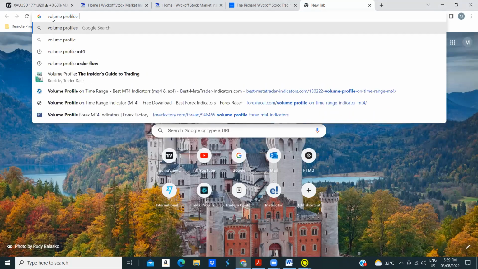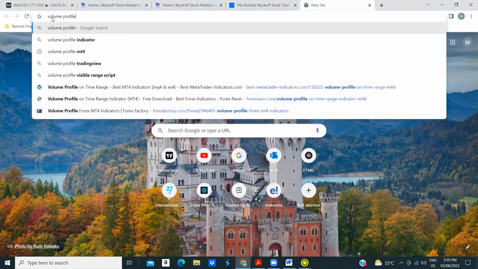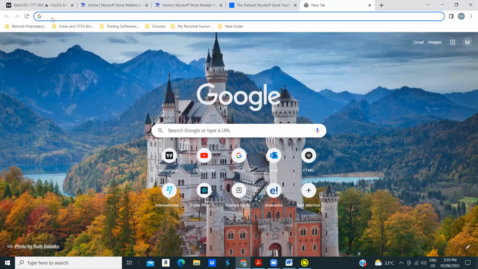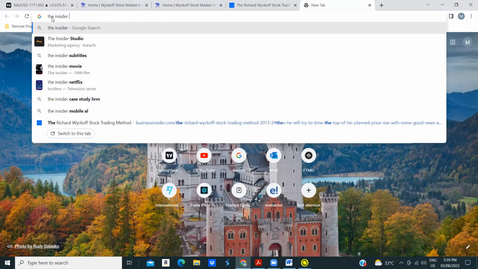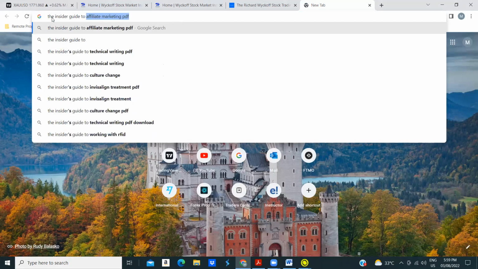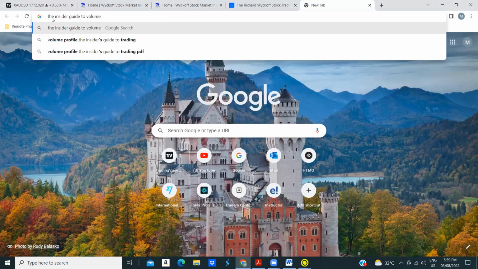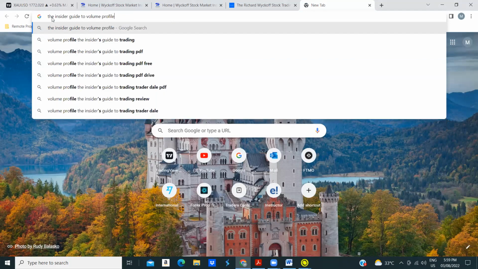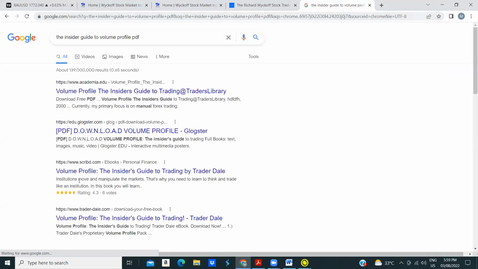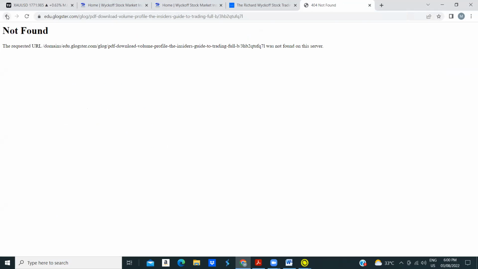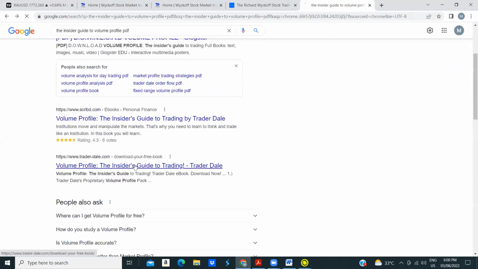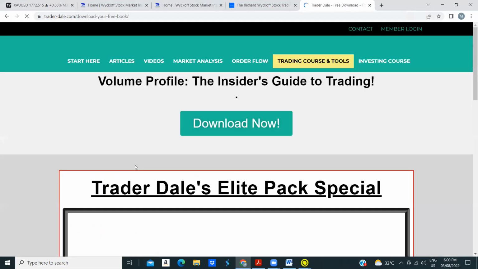The Insider Guide to Volume Profile PDF. Yeah, this one.